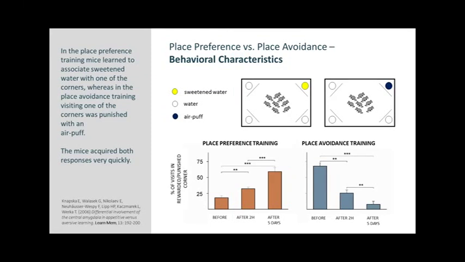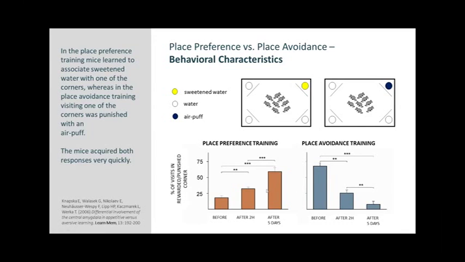We established a paradigm in which mice had access to sweetened water in one of 4 corners, marked here in yellow, or obtained an air puff after entering one of 4 corners, marked here in blue. So we had the behavioral designs for place preference training and place avoidance training.